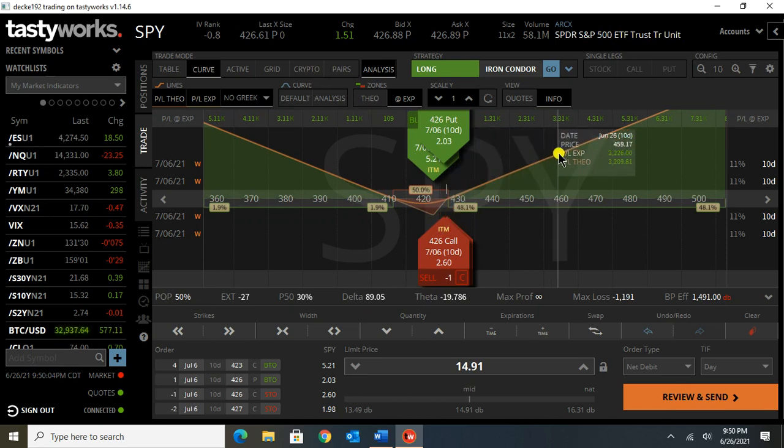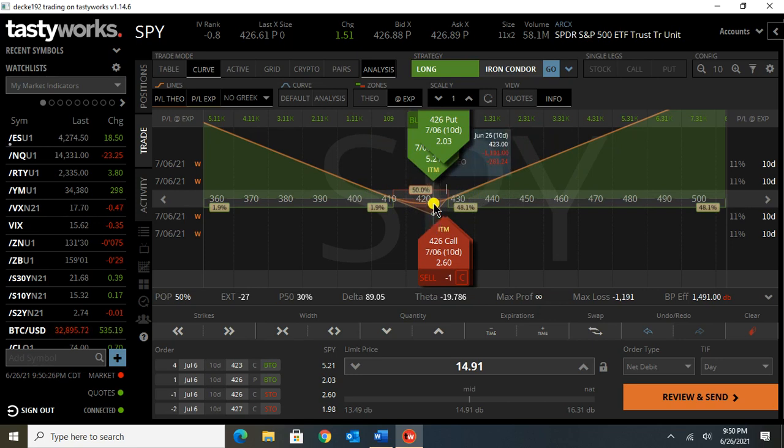And the other thing too, with this risk profile, this orange line here is the theoretical line for each day. So even if, say you put this on Monday and it's either Tuesday or Wednesday and the market goes down to 420, you're not going to be at this low mark here.